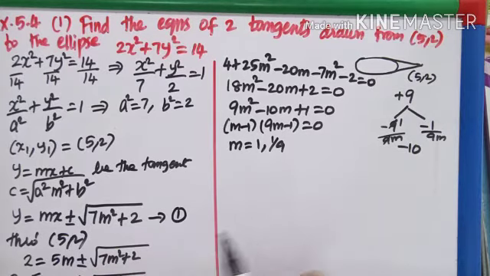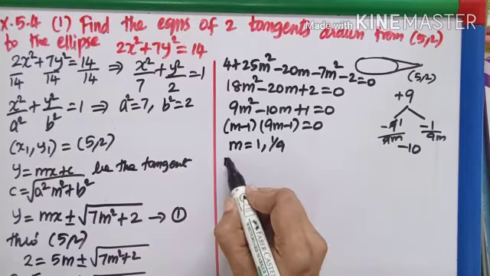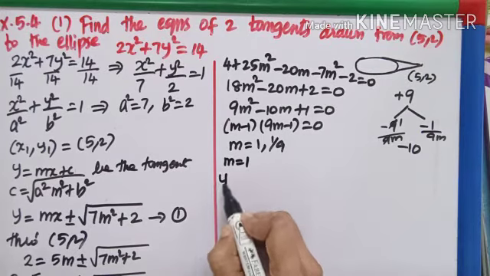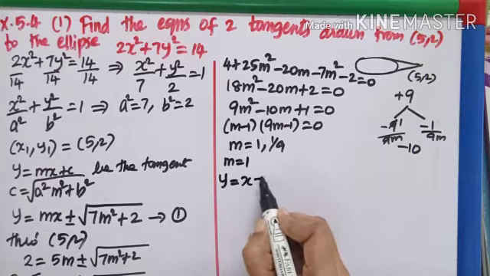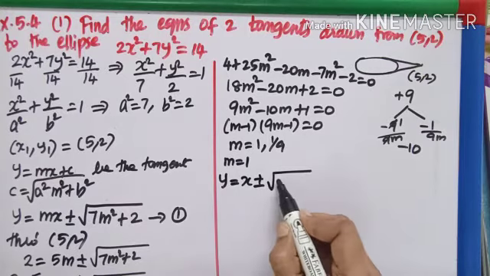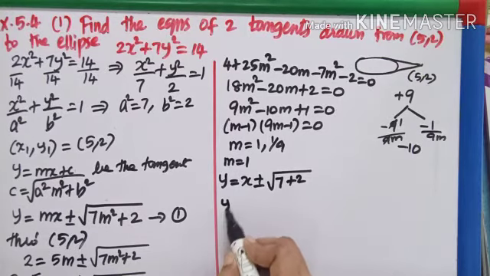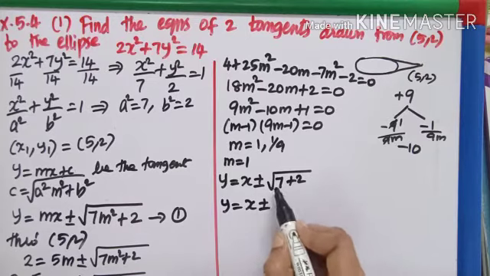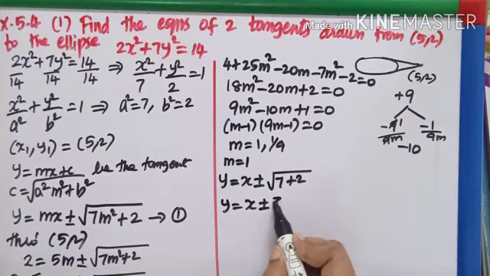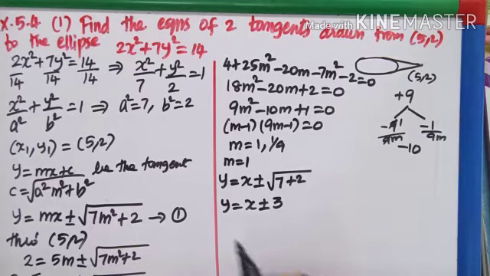Call this as number 1 and we get the two different tangents. Put m is equal to 1. I get y equals to x plus or minus root of 7 plus 2, or y equals to x plus or minus root of 9, square root is 3. This is one equation.